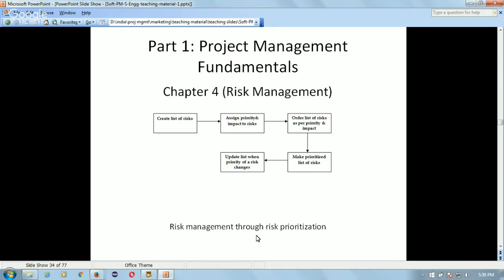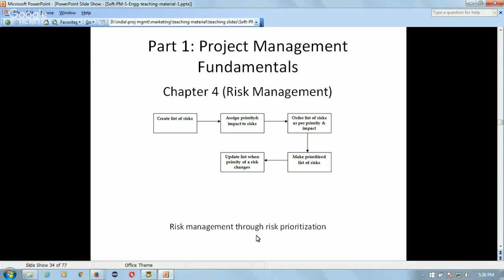So even if the project manager is not able to provide internet facility in time, still some work can be done without the internet connection, and when the internet connection becomes available, then the task which was using internet can be done. So it is a lower priority risk, you can say.